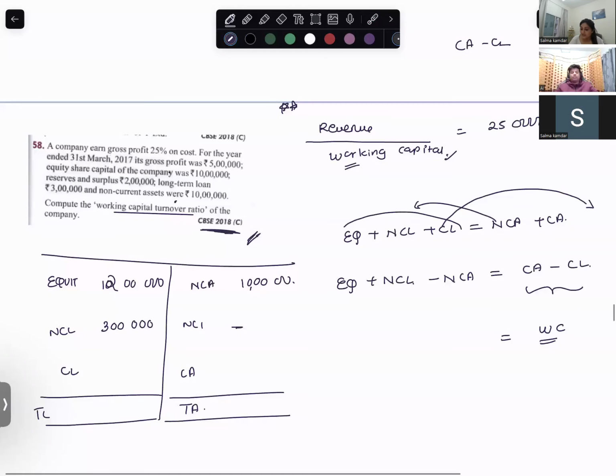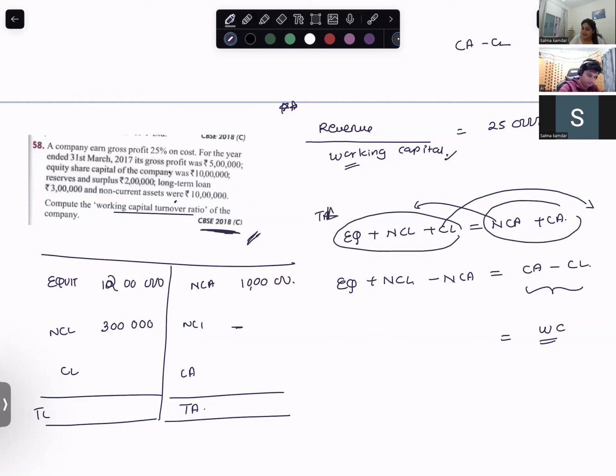All this is total assets and all this is total liabilities. So I just put in the equation that total assets is equal to total liabilities, and then I put the working capital on one side. My total equity is 12 lakh, my non-current liability is 3, and my non-current assets is 10. 15 minus 10 is 5.